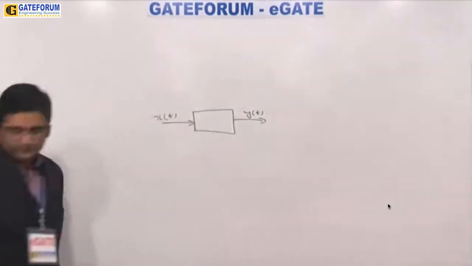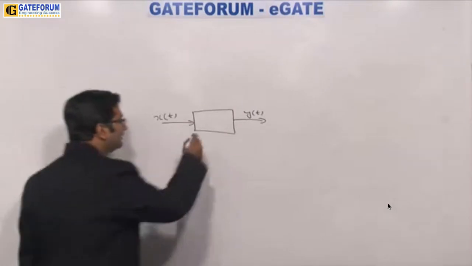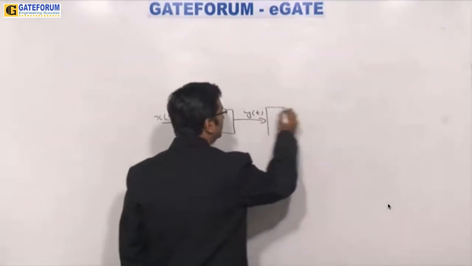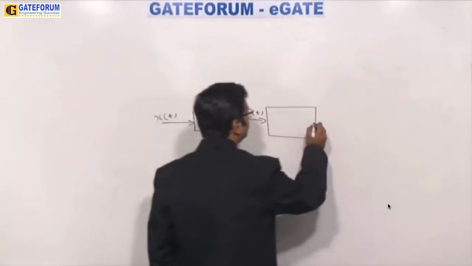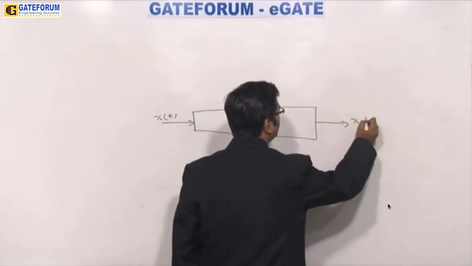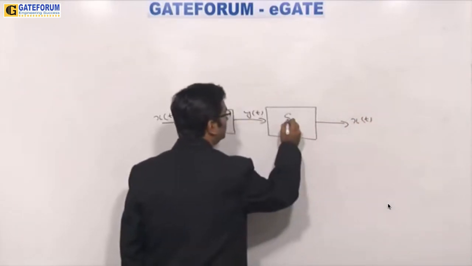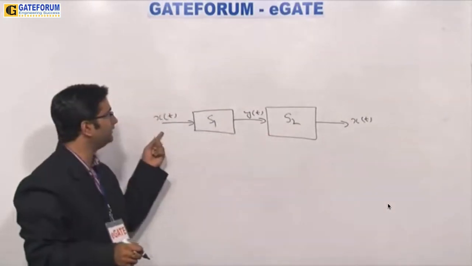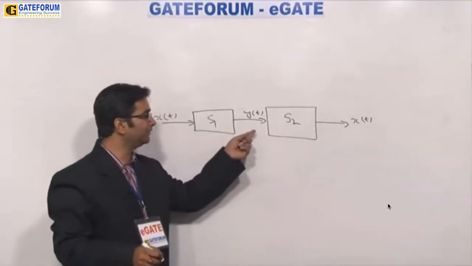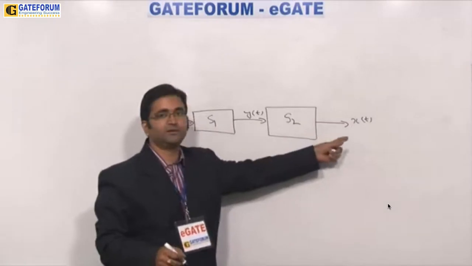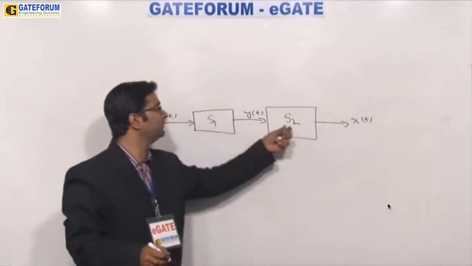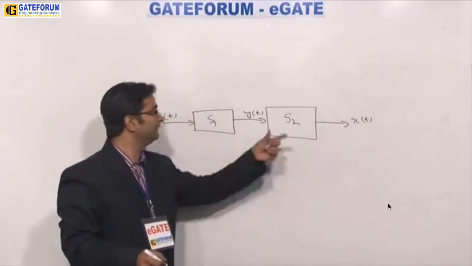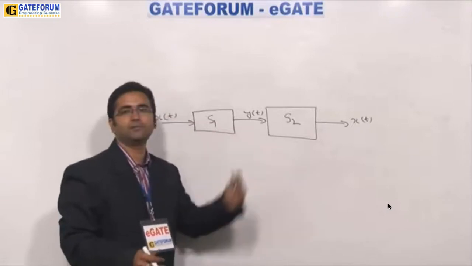We are seeing invertible and non-invertible systems. If this system is invertible, then I will have another system to which if the input is y of t, I'll get output x of t. Now systems S2 and S1 are inverses of each other. If the input is x of t, output is y of t, and if input is y of t, I should get x of t. If this is happening, then S1 and S2 are inverses of each other. If it is not happening, then they are not inverses of each other.